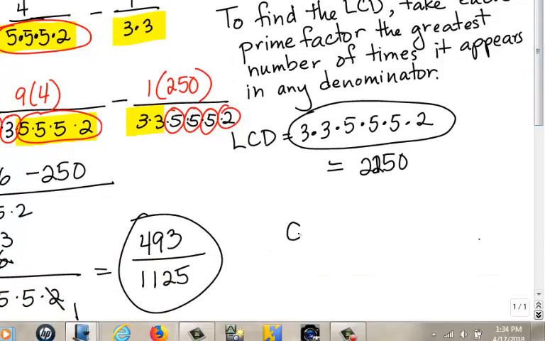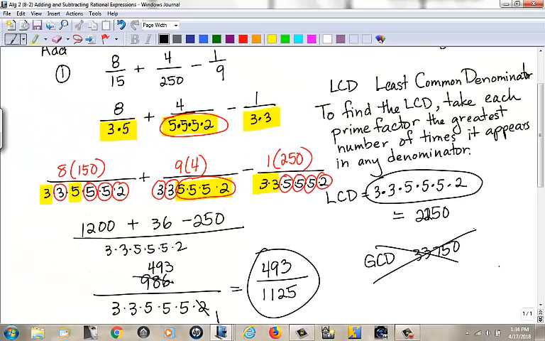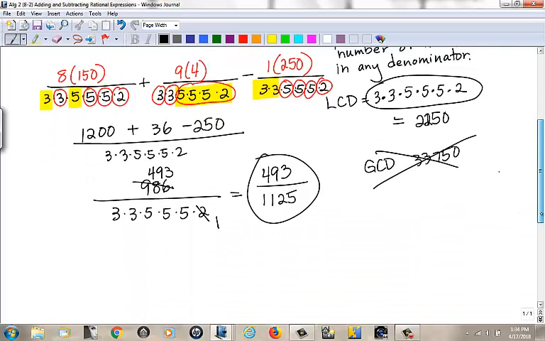And the greatest common denominator, 33,750. If you worked it using the greatest common denominator, then you have to worry about reducing your answer. I would not do it with the greatest common denominator. You do it with the least. Okay? That was with just numbers.